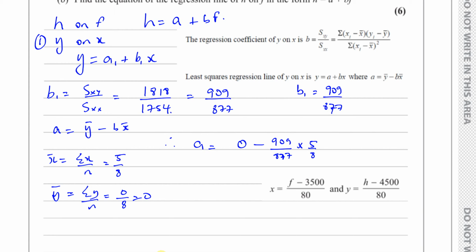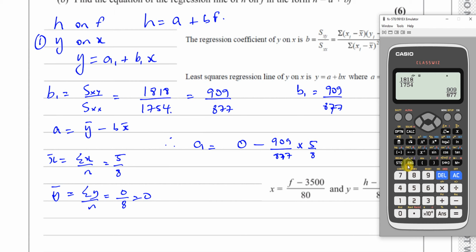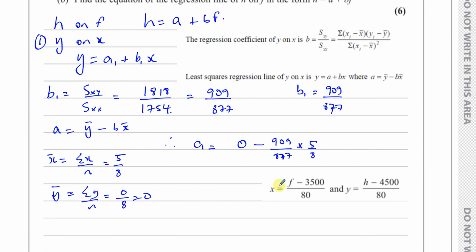So we take the value of B, which I'll store as B, and multiply it by 5 over 8. Then I'll change the sign, and I'm going to store that as our A.